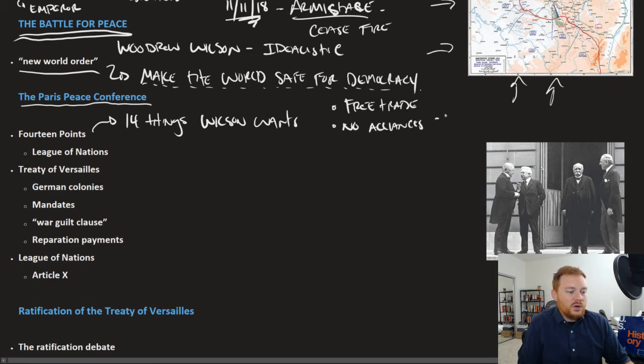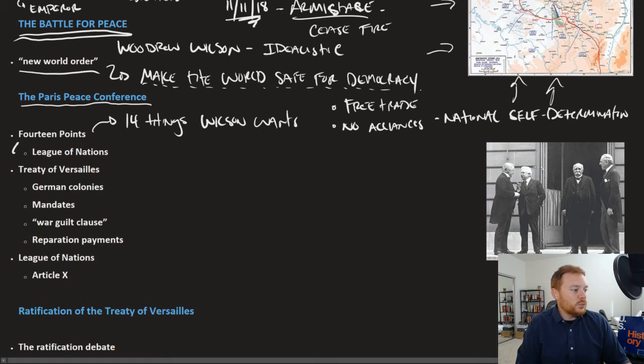He wants something called national self-determination, which means that he wants all nations essentially to rule themselves. So a lot of the things that caused the war, Wilson wants to make sure that it never happens again. This war was also called the war to end all wars. So to create a peaceful, global, democratic world in which everybody can trade freely with one another rather than creating these alliances and ruling over people, et cetera.